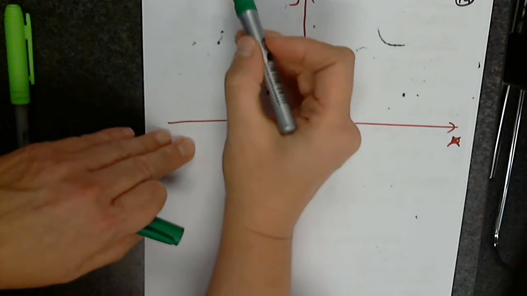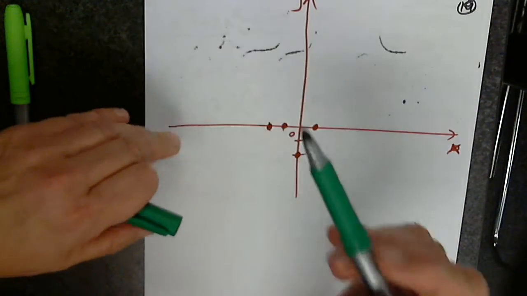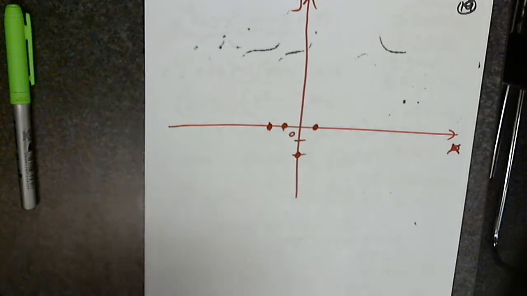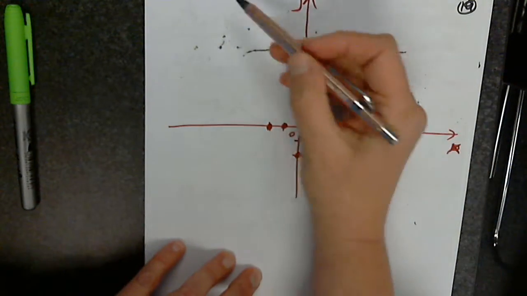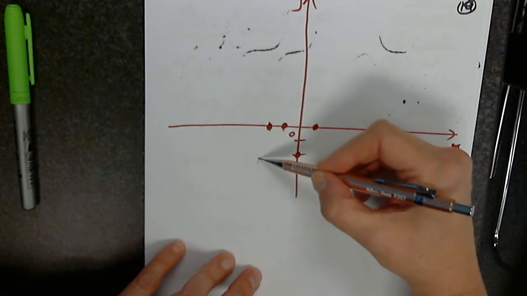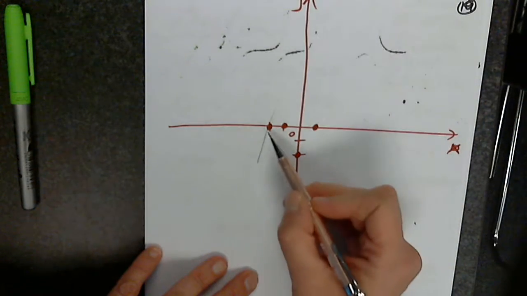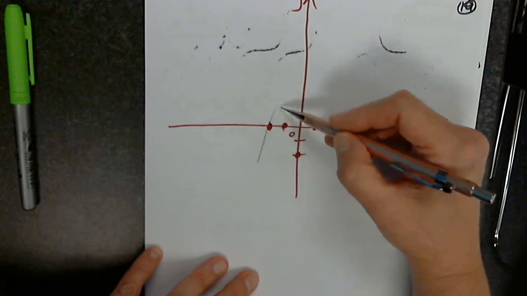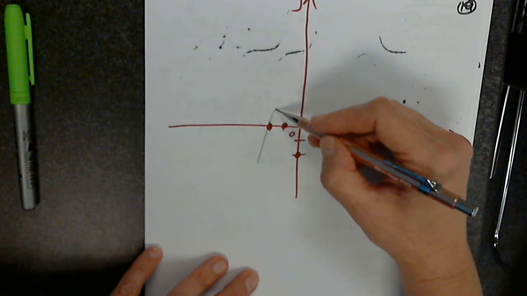So I see that this function is coming from negative infinity. I'm going to graph it in pencil and then we'll come back and adjust the graph. I know it's coming from negative infinity and it has to cross. It is a regular cross, multiplicity 1. I know it has to come back. It has to have a maximum somewhere here because it has to come back and cross again.